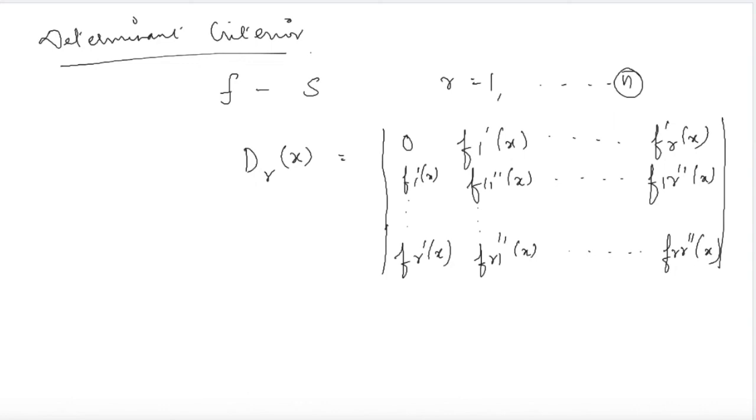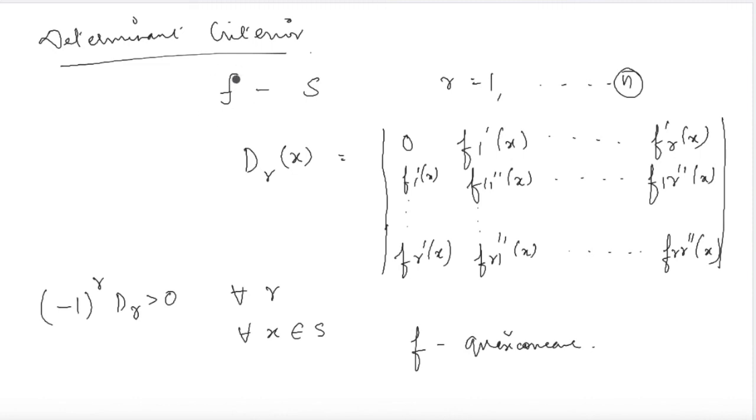Now if you notice कि ये जो Hessian matrix है, अगर ये condition satisfy कर रही है for all r values and for all x values belonging to S, then the function can be called a quasi-concave function.